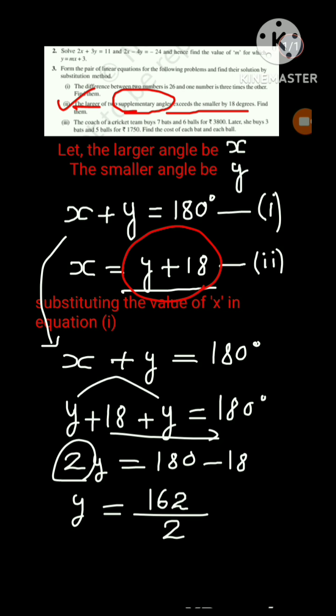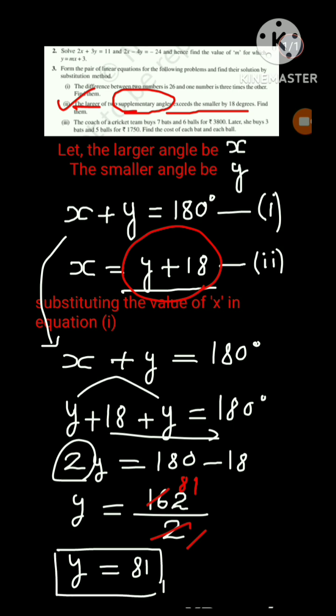Now 2 ones are 2, 2 eights are 16, 2 ones are 2. Now in this way we have obtained the value of y equal to 81.